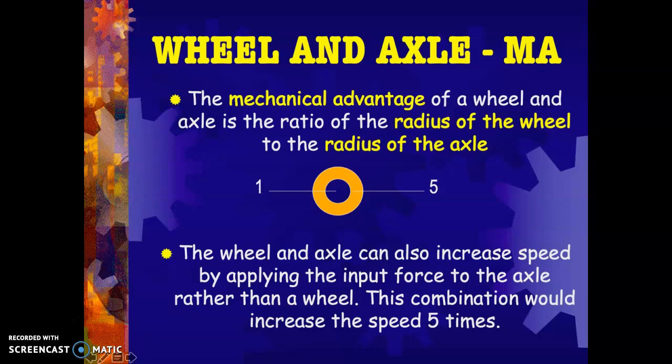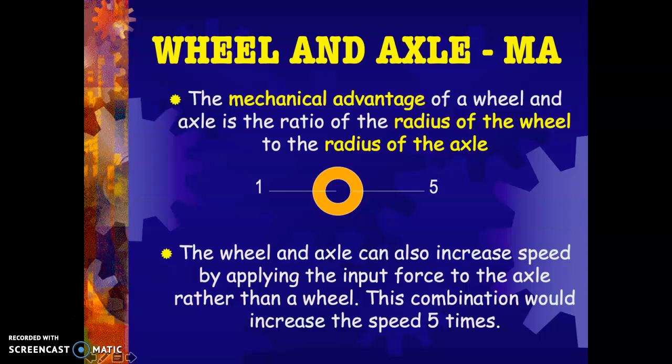The wheel and axle can increase speed, so we can speed things up by applying the input force to the axle. This is the way a wheel and axle on a car works. This combination would increase the speed 5 times.